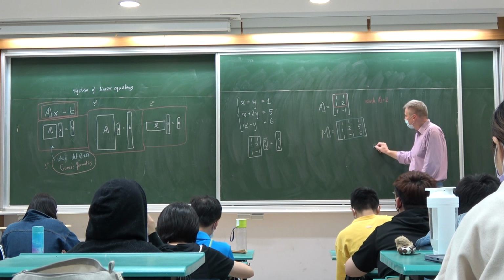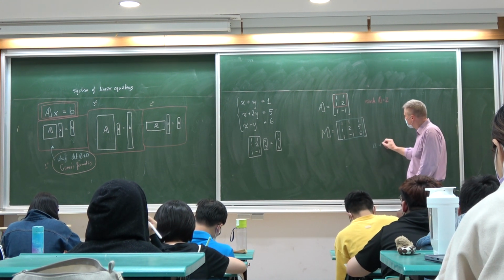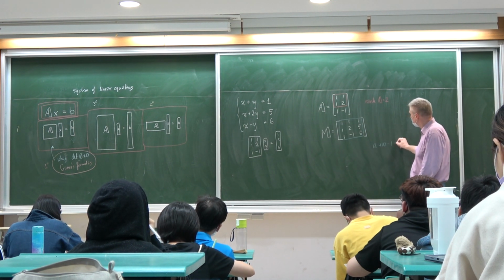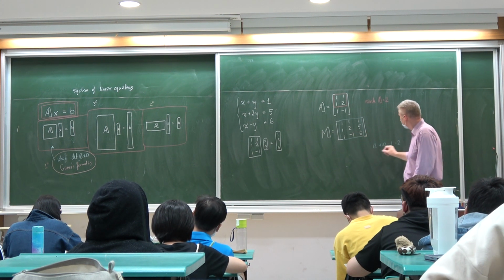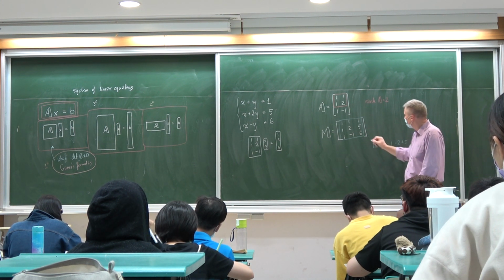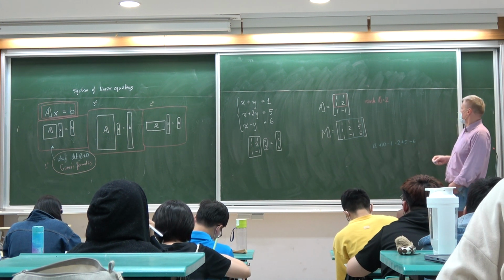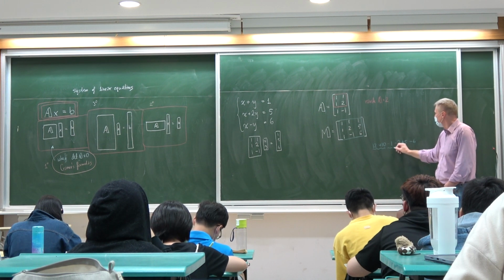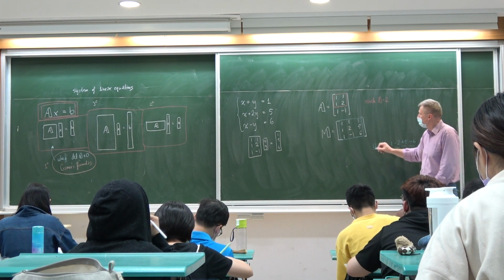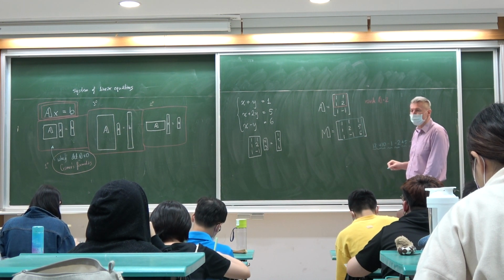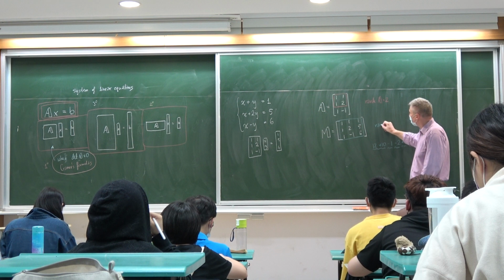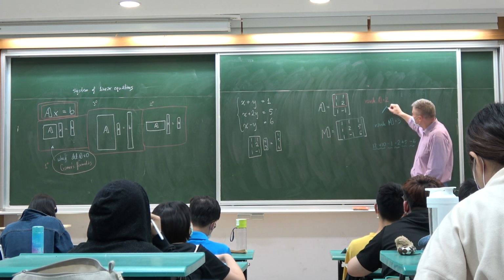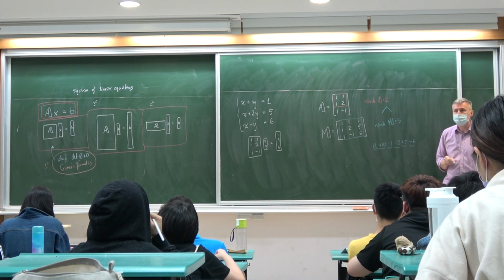I have 12 plus 10 minus 1 minus 2 plus 5 minus 6. 22, 27, 20, 18. So the blue determinant is non-zero. This means that the rank of M is 3. Since this is larger than that, no solutions.